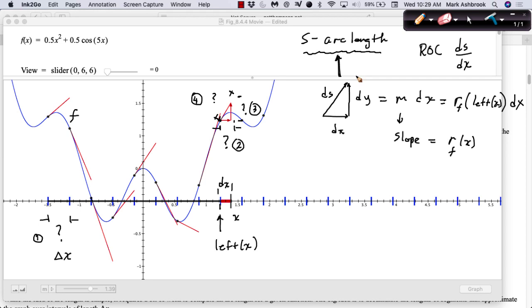So where's that going to come from? What's the relationship of dx, dy, and ds? What relationship can we use there? Pythagorean theorem, right? Out of the Pythagorean theorem, we're going to get our rate of change of arc length, and then we can write arc length accumulation. So I'll just show that on the screen.